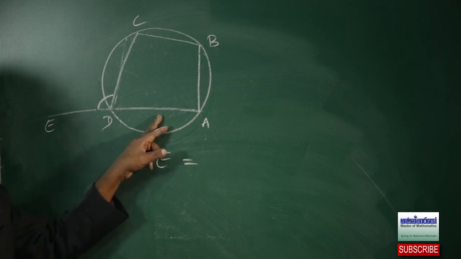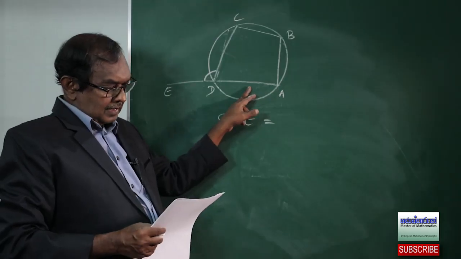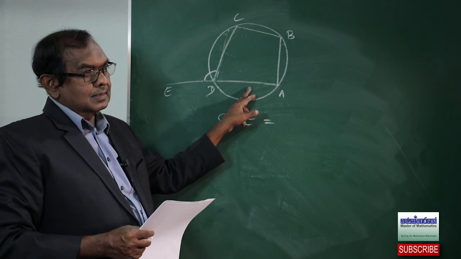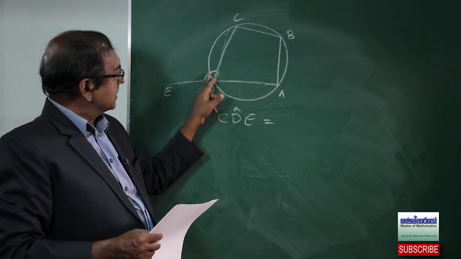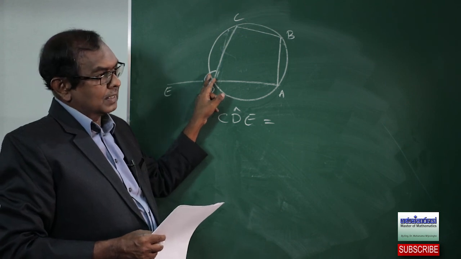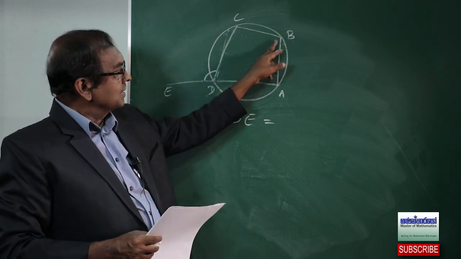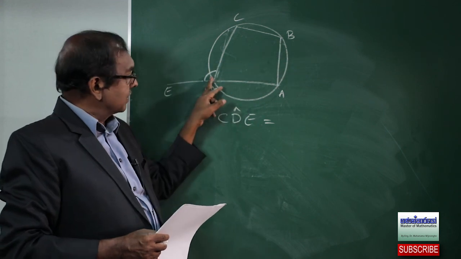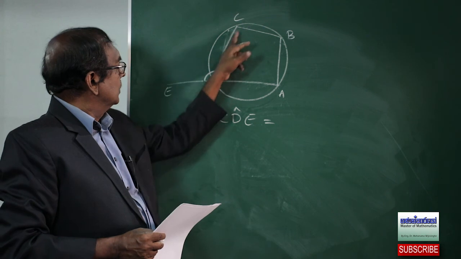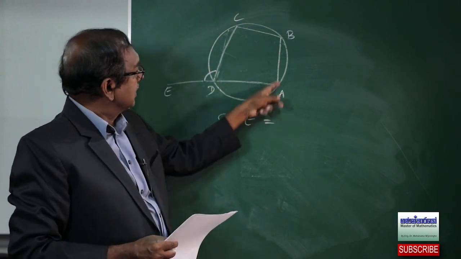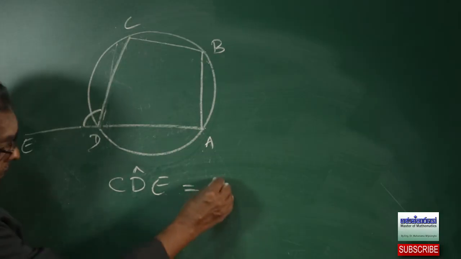What is the equal angle to this? If we consider the quadrilateral, there is a special relation. This external angle is equal to the internal opposite angle. Therefore, directly we can give the angle equal to CDE as ABC.